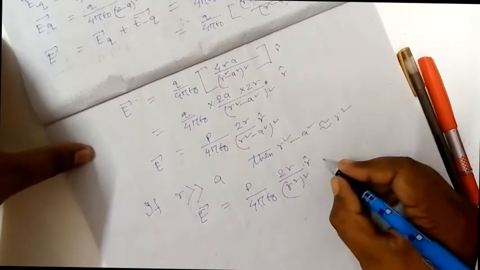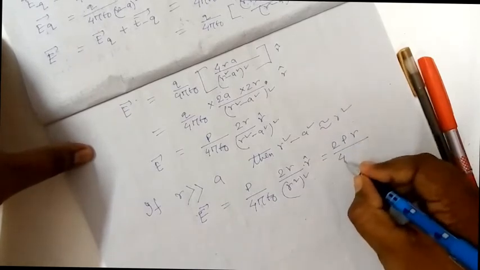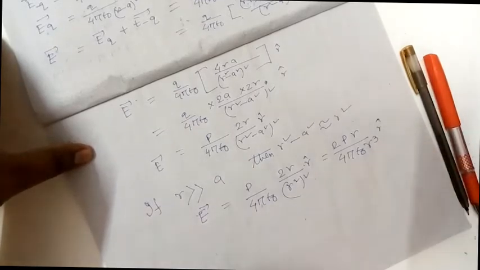So one r will be cancelled out, so it will be 2P by 4 pi epsilon naught r cube into r cap.